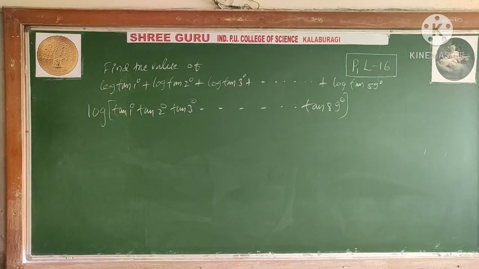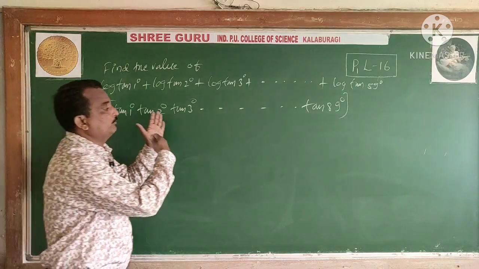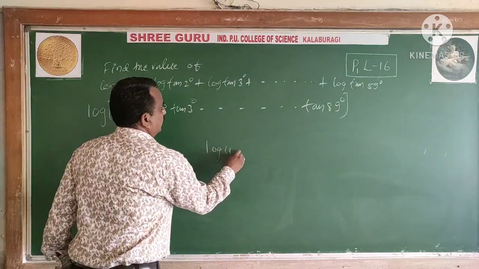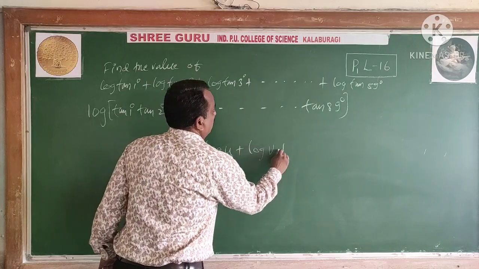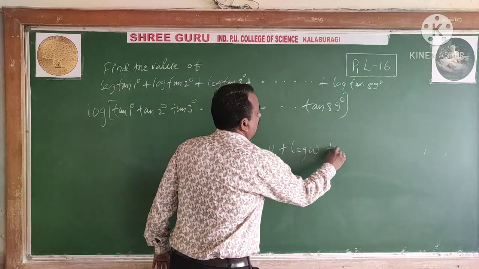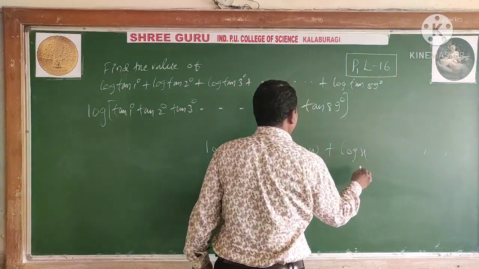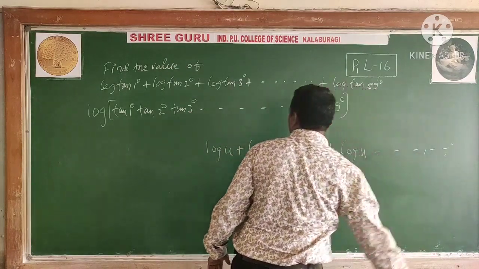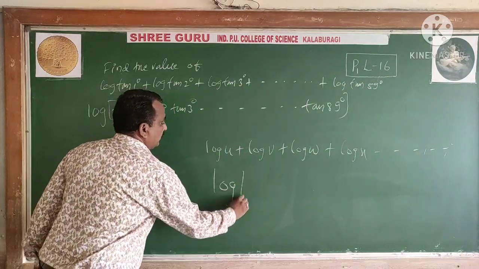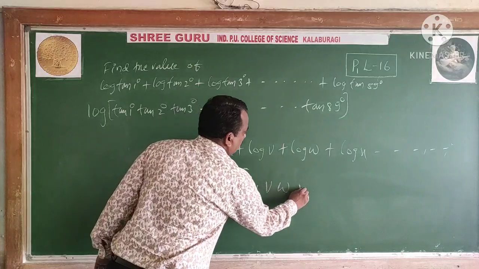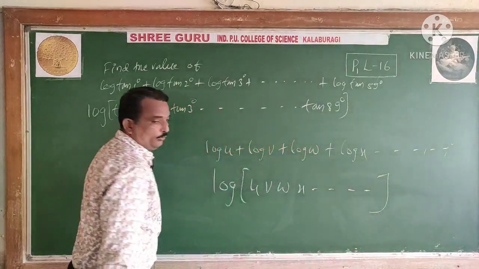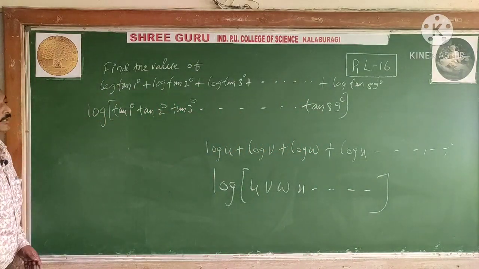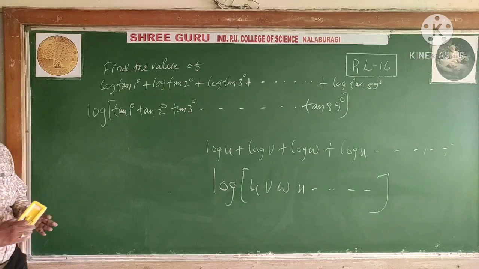So using the logarithm property, the terms log u, log v, log w, log x, whatever, so on, become the product of u, v, w, x. Using this property, I am converting the terms here.